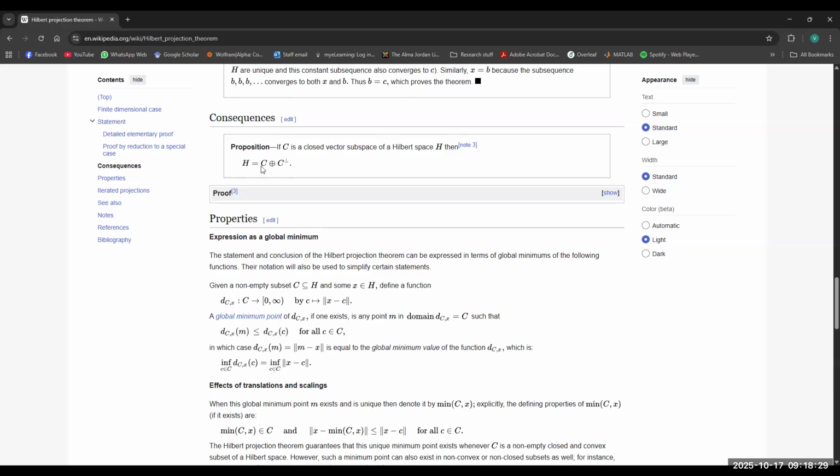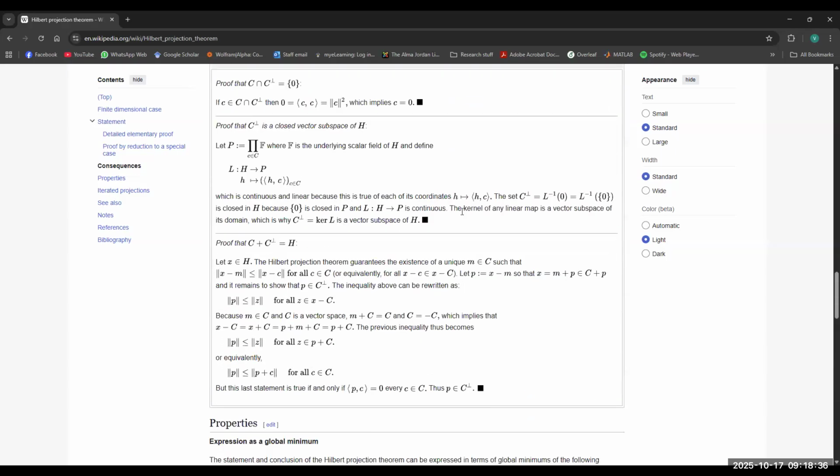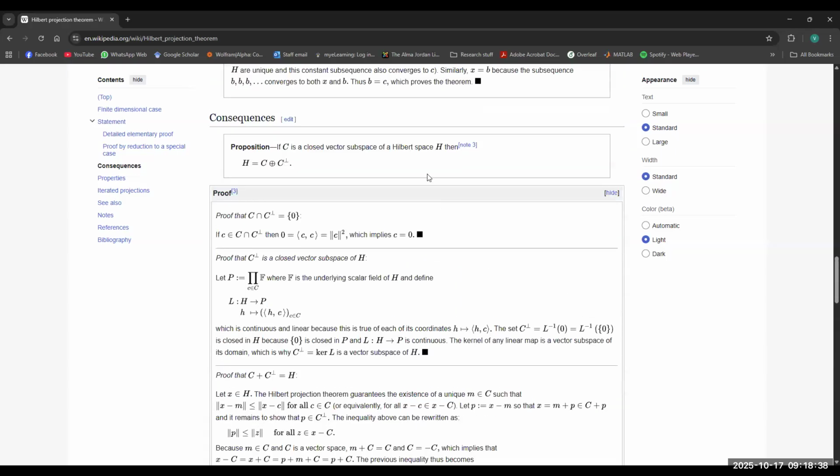Then H is equal to the direct sum of C with C perpendicular. Oh, look, they give you the proof. Okay, cool.